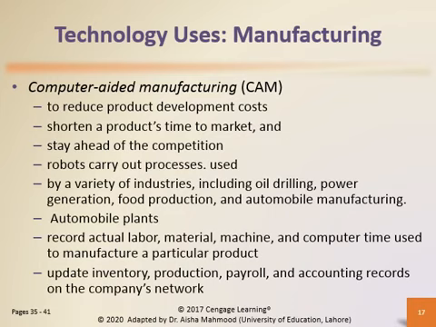Special computers on the shop floor record actual labor, material, machine, and computer time used to manufacture a particular product. The computers process this data and automatically update inventory. Not only inventory, but the production, payroll, and accounting records on the company's network.